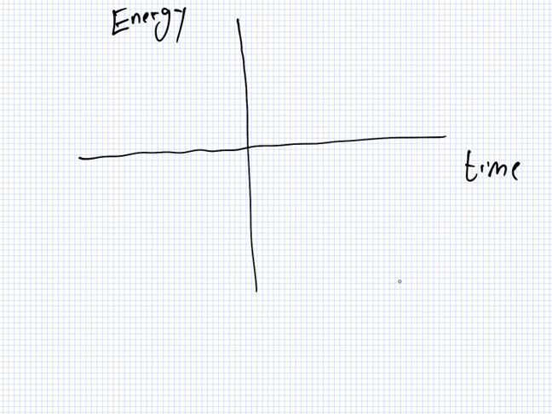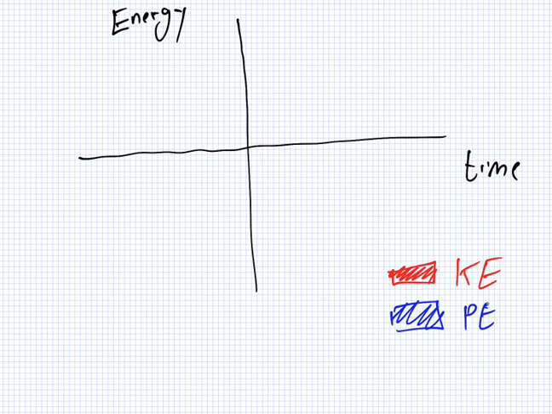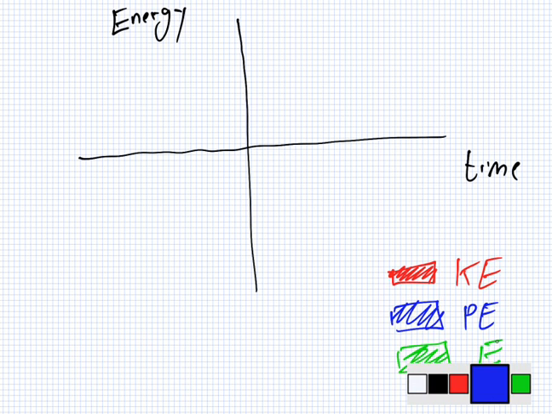So look, in red, that's kinetic energy, and then in blue, that would be potential energy, and then in green, that can be the total energy, the energy of the kinetic plus the potential.